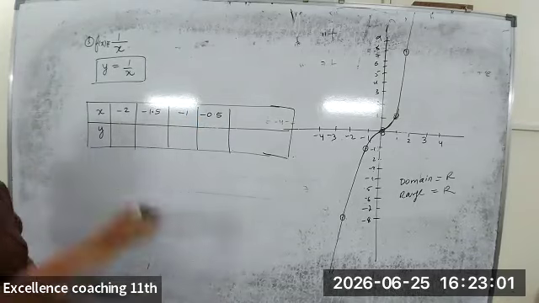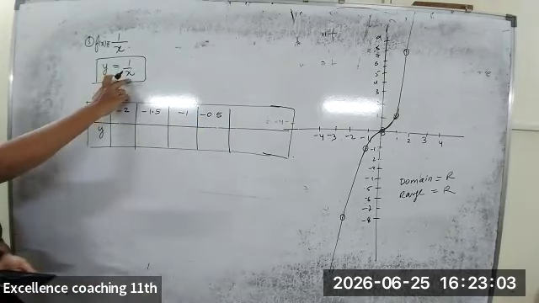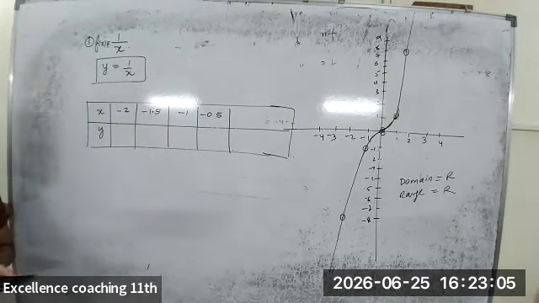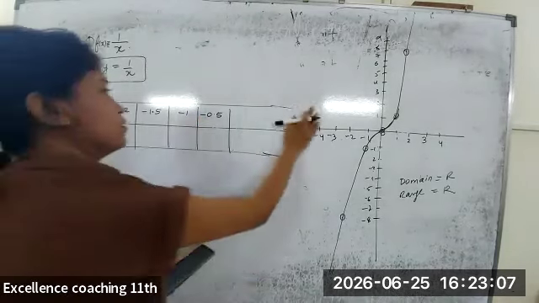Here 0 we cannot take. Why? You cannot give 0 as the input. If you take 0, you'll get not defined. So don't write 0 over here.